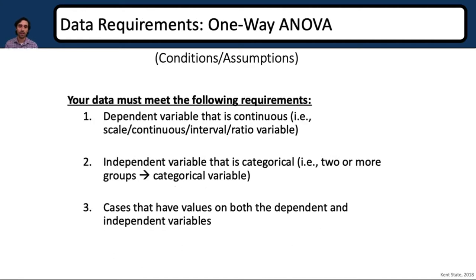All right, we have to make certain conditions and assumptions for our data set in order to run an ANOVA. First, we have to make sure that the dependent variable is continuous and the independent variable is categorical, just like any of the t-tests. We also have to make sure that the cases have values on both the dependent and the independent variables.